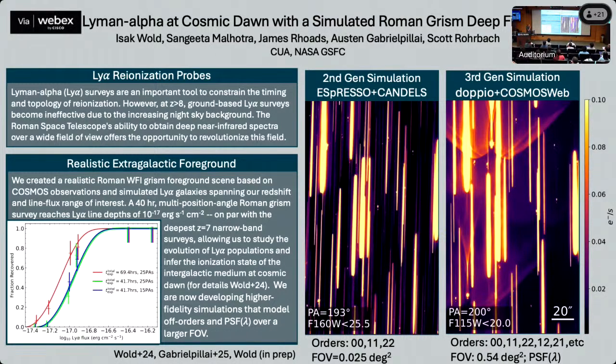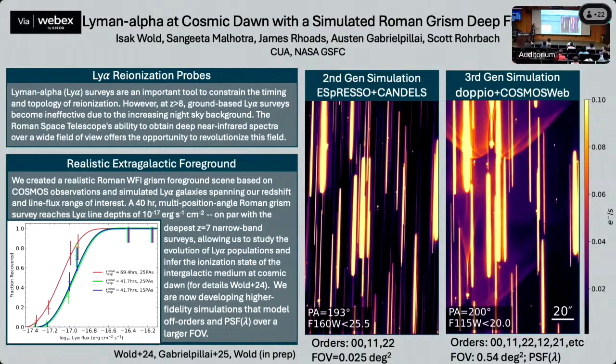Thanks. So this is a poster that investigates the potential of a Roman Grism deep field to constrain the number density evolution of Lyman alpha emitters at redshifts greater than 7 and place meaningful constraints on the timing of reionization. So this work involves simulating realistic extragalactic foreground scenes with observations from COSMOS, and then putting in fake Lyman alpha emitters and testing our ability to recover them.